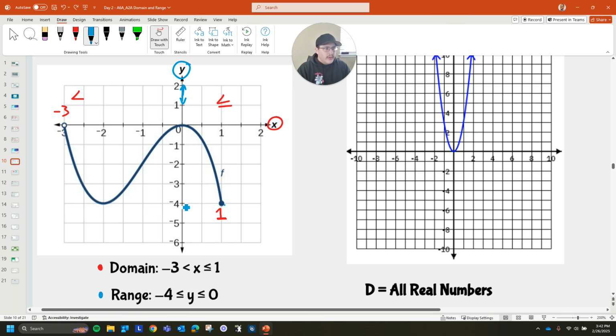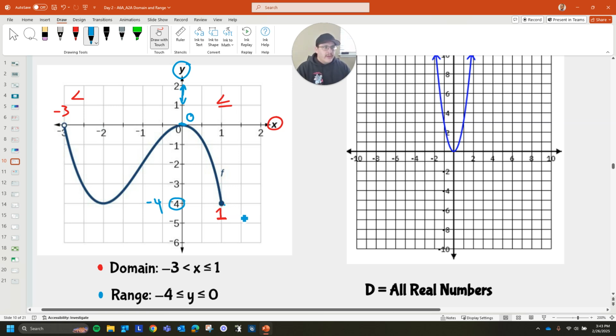So that's going to include the number -4 at the bottom. And at the top, there's this peak right here, which looks like it's 0. And then it's also over here as well. That looks like it's 0 as well on the y-axis. So from the top to bottom, it's 0 to -4, or -4 to 0.